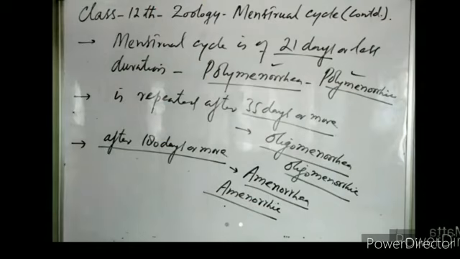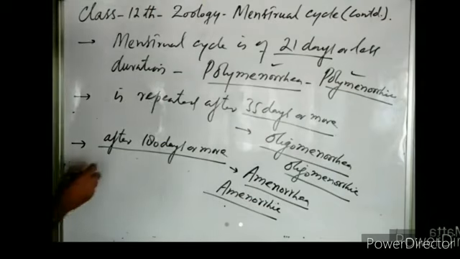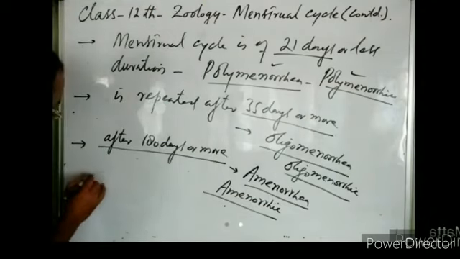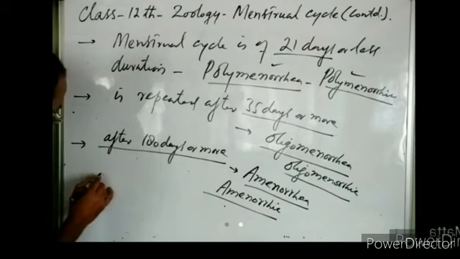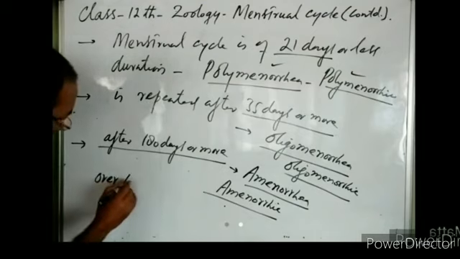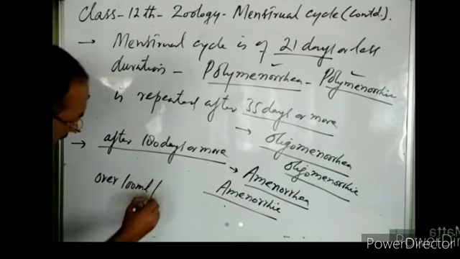In some females during this menstrual cycle, there is a loss of blood over 100 ml per cycle.